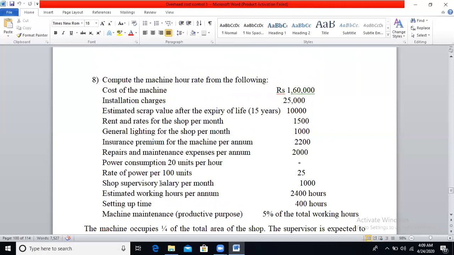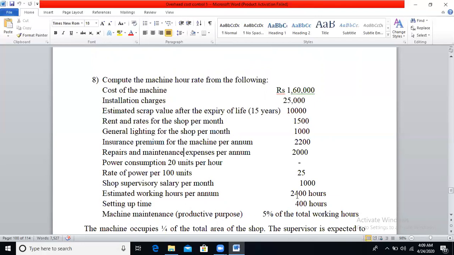Then estimated working hours they have given, setting up time they have given, machine maintenance here they have given for productive purpose, that is 5% of total working hours. So if they have given for productive purpose, you have to ignore this. And here setting up time, if they have not mentioned productive, we will consider it as unproductive or non-productive.